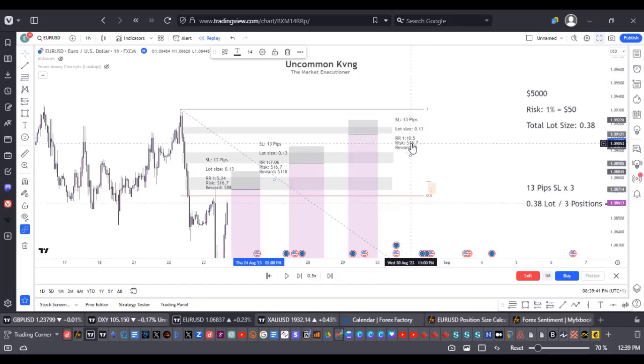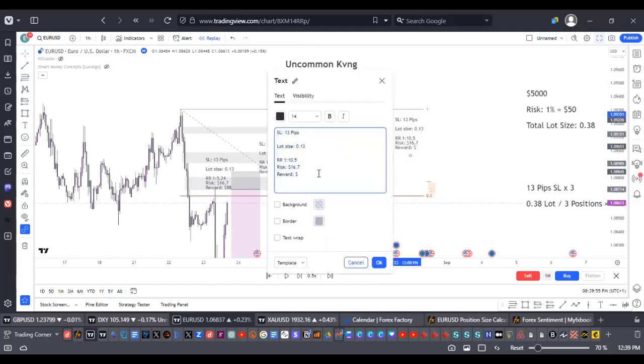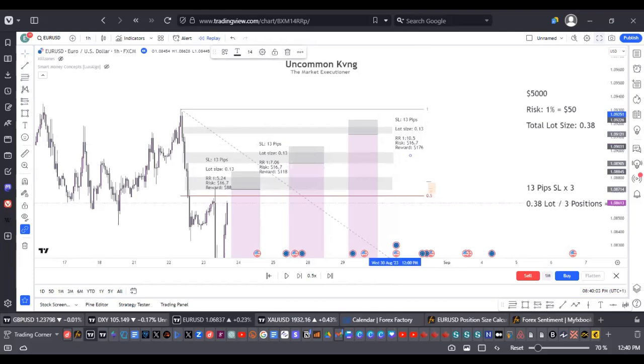So our one is $16.7 times the reward of 10.5, and that would give us $176, right?